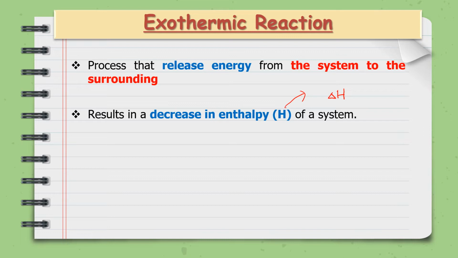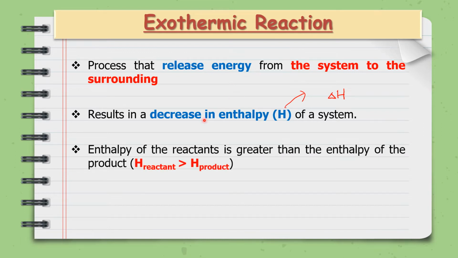Okay, now let's proceed. The next part, the enthalpy of the reactants is greater than the enthalpy of the product. So H reactant is bigger than H product, and the delta H will be negative. You will get a negative value for an exothermic reaction.